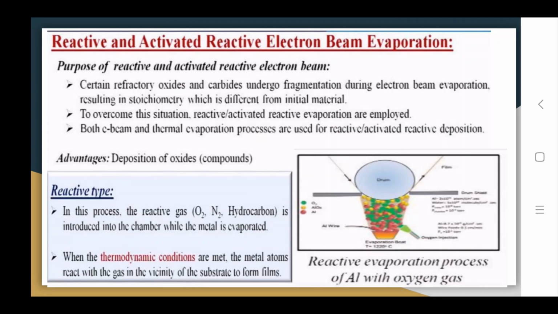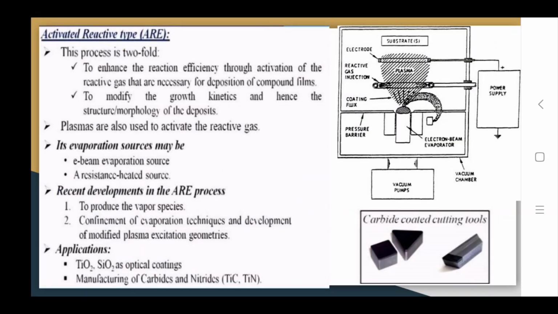Okay, now the next one is called the activated reactive type. In short we call it ARE. So here this process is twofold. Generally it is divided into two steps to enhance the reaction efficiency through activation of the reactive gas, which is necessary for the formation of the compound films, to modify the growth kinetics and hence the structural morphology of the deposit.